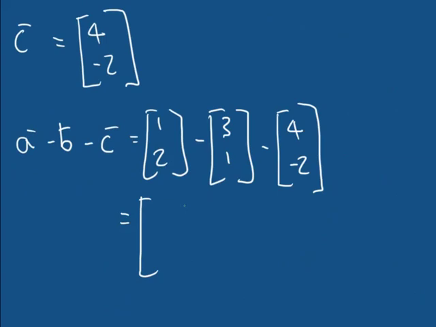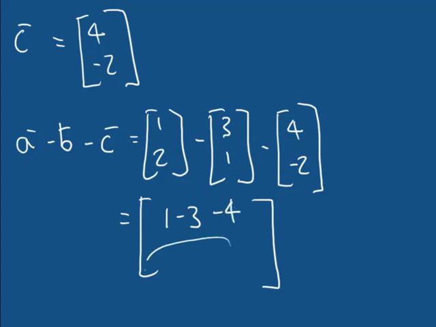So just like with our vector addition, for our first component of the result, we're going to take the first component of the first vector. Because we're subtracting here, we're going to subtract the first component of the second vector, so 1 minus 3. And then we're going to subtract the first component of the third vector, so minus 4.